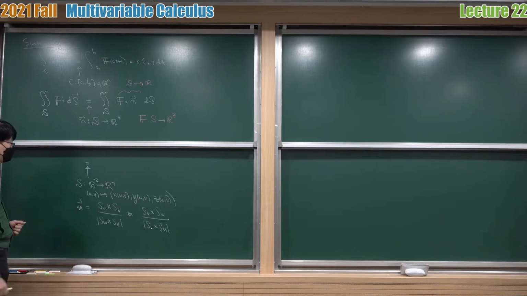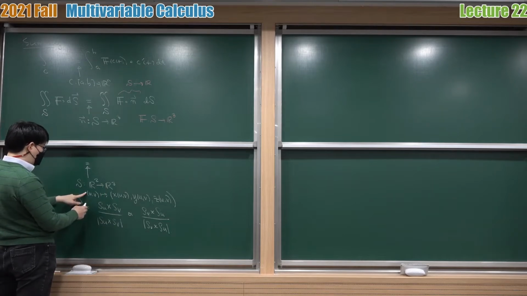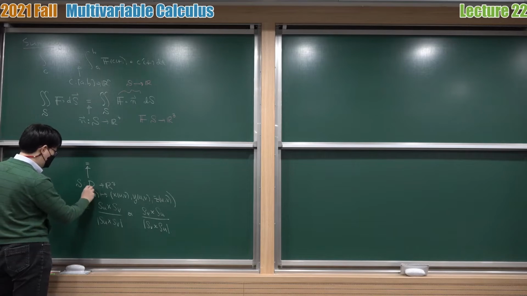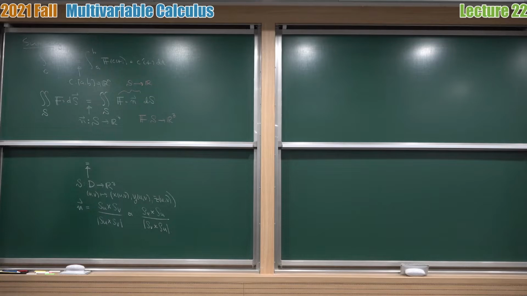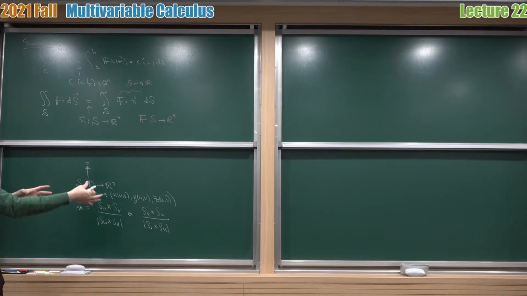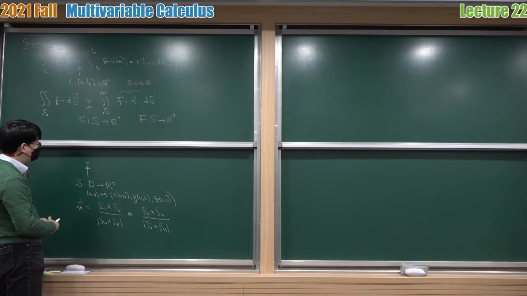So you can plug in this formulation and, well, let's see. Let me choose my domain to be D. So D is the domain in the two-dimensional space in uv coordinates, which corresponds in one-to-one correspondence with the surface S in R3 space.